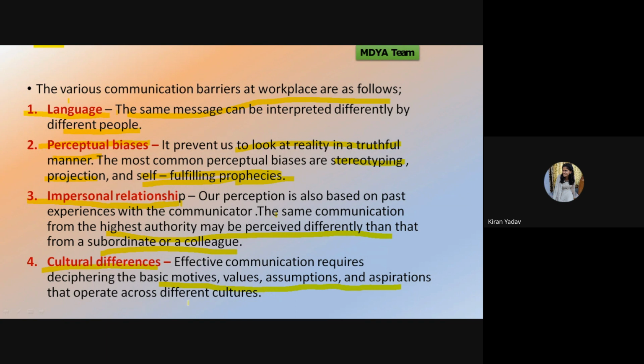So, in effective communication, people of different cultures should understand the basic motives and values, assumptions and aspirations of other culture people. So this is also a barrier, cultural difference. These are the barriers at workplace that are commonly found.